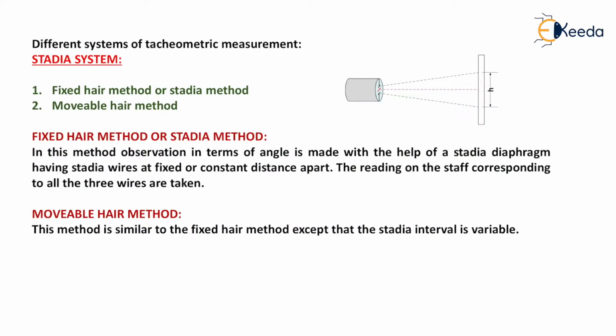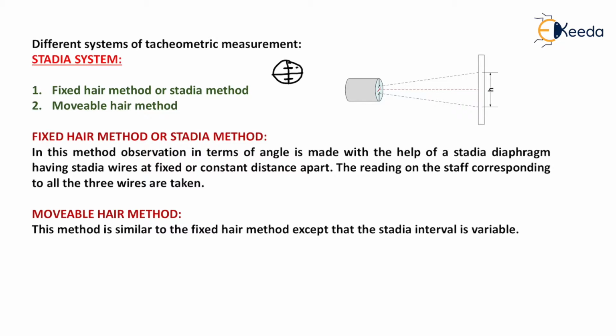In this tachymetric system, we generally use two types of systems, that is the stadia system as well as the tangential system. Now, what do you mean by the stadia system? If you have ever seen a theodolite, the eyepiece will be like this, with a central crosshair and two stadia wires, the upper stadia and the lower stadia.